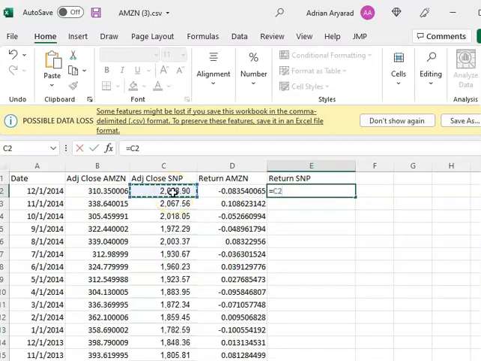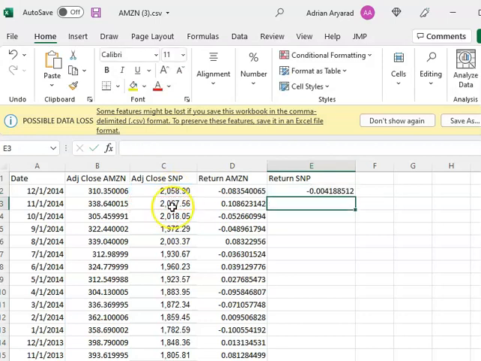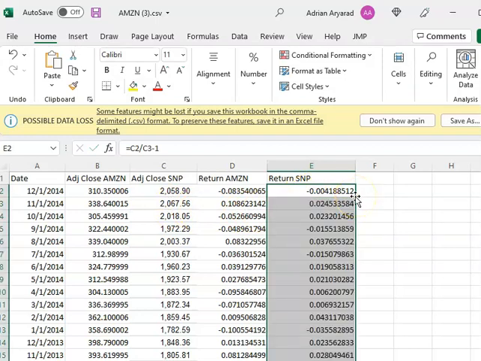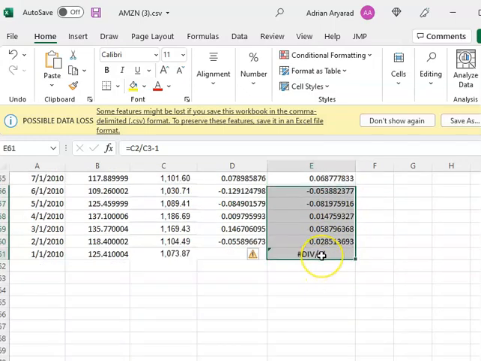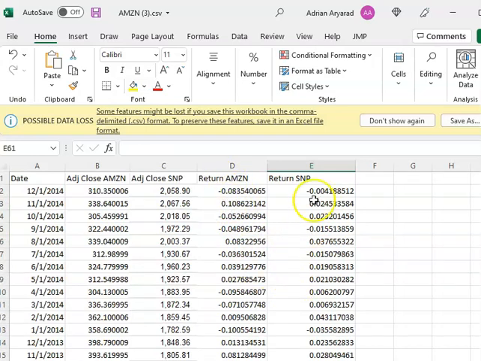So you divide the current value by the previous value, previous month, minus 1. And that's it. Copy the formula. Make sure your last value is deleted. Now we have the return of Amazon and S&P 500.